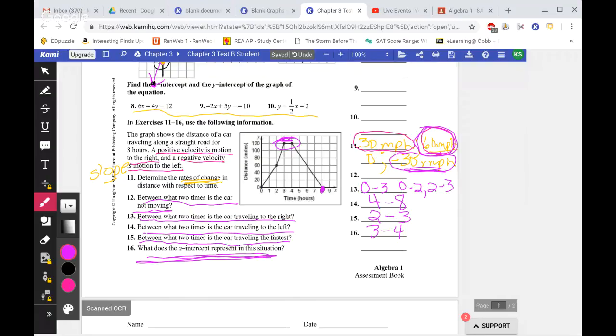Yes? No, you're fine. Did you have a question? It's a 0 of the graph. Yeah, it is a 0 of the graph. And so basically what this tells you is that the car traveled for 8 hours and then returned to its starting position.